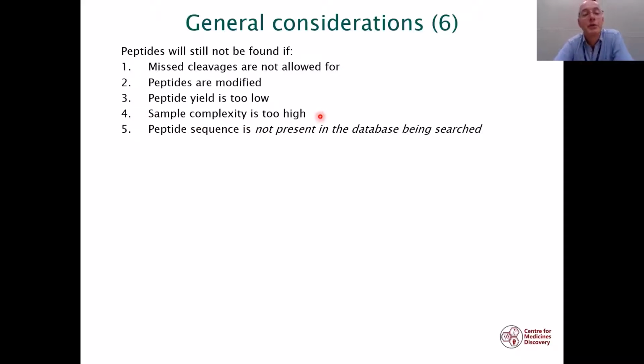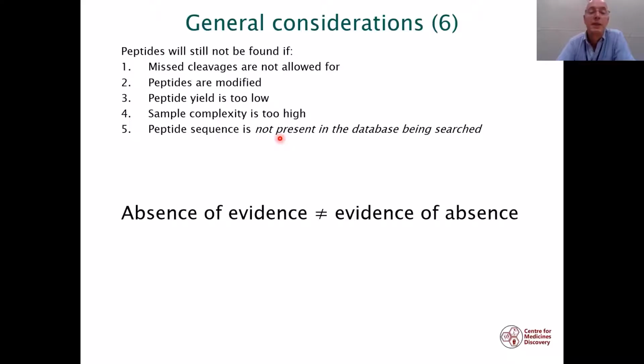And also, you must remember that if the peptide sequence that you have data for is not present in the database being searched, you will get no result, okay? And it's important to remember that. It's very easy to assume, if you searched a large database and there is no result, that there's nothing there.